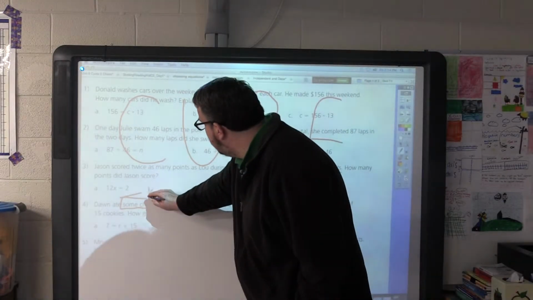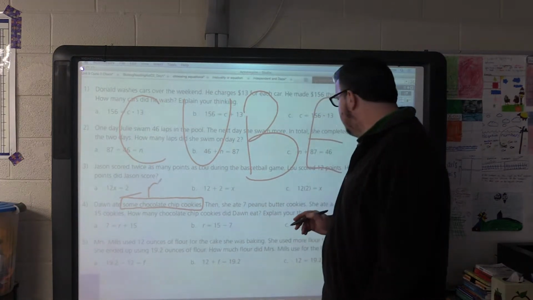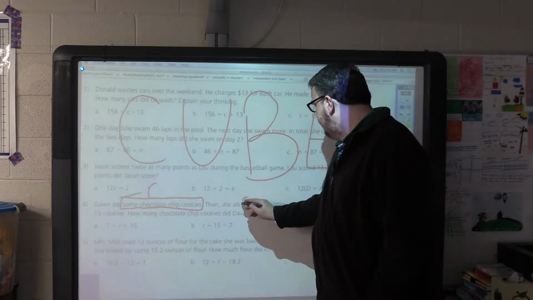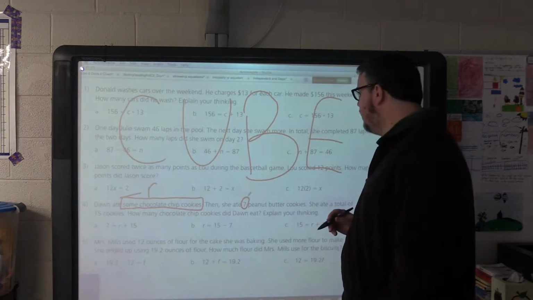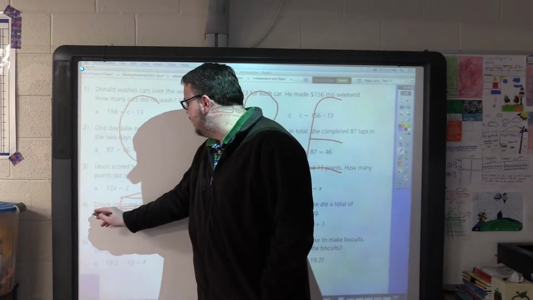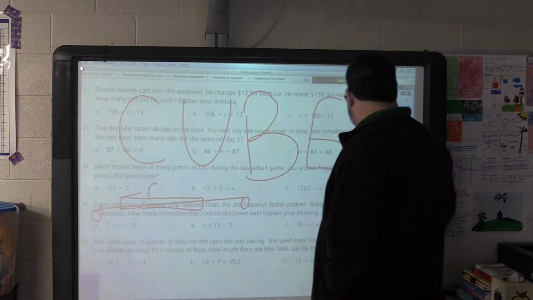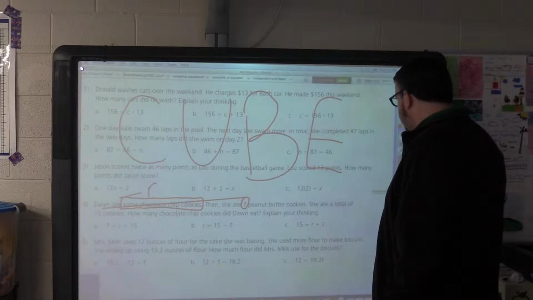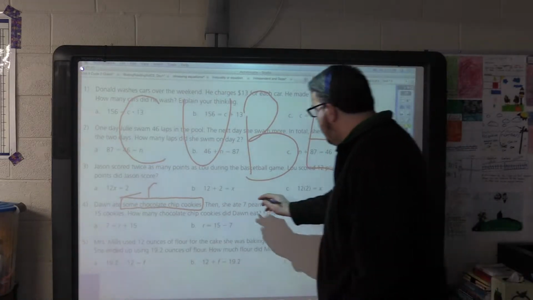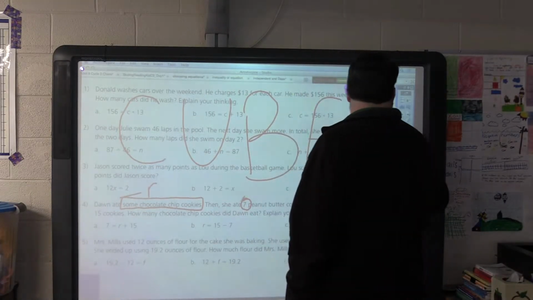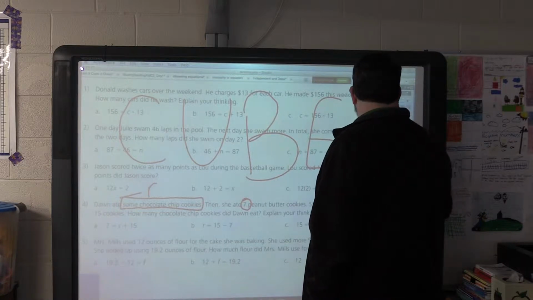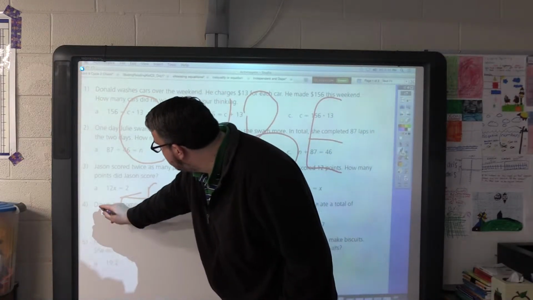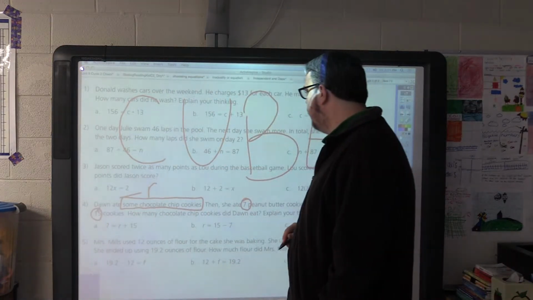So I'll just say R, that variable. It says then she ate 7 peanut butter cookies, and she ate a total of 15 cookies. So I went ahead and circled that number.